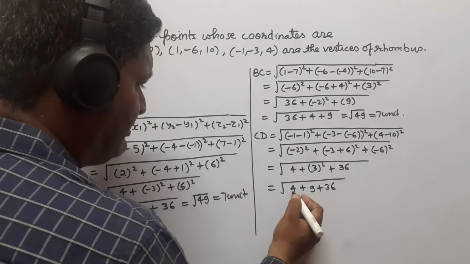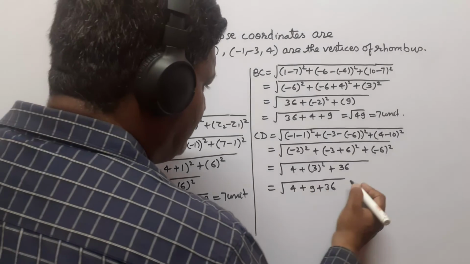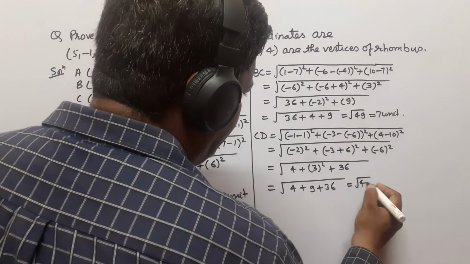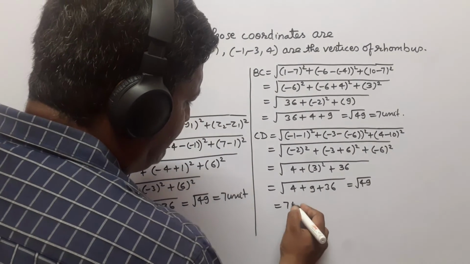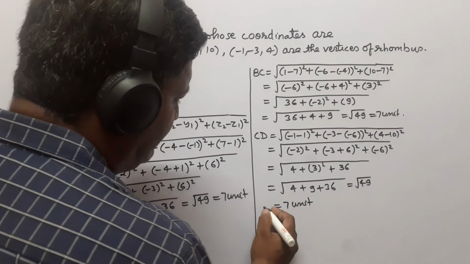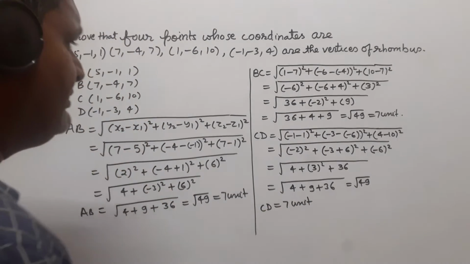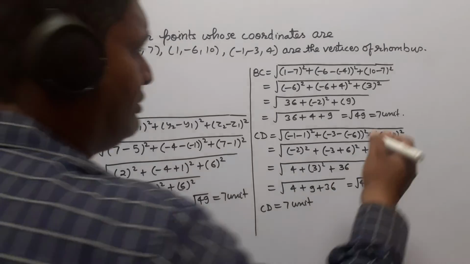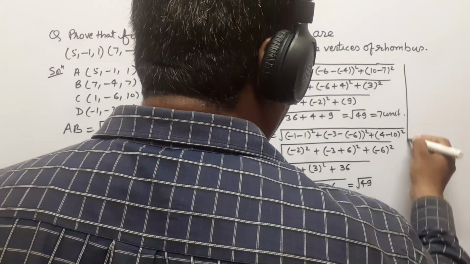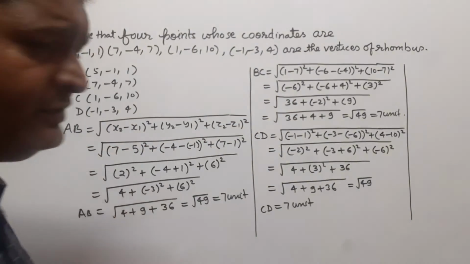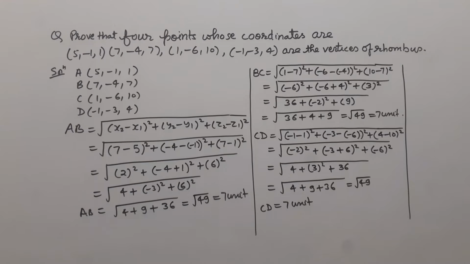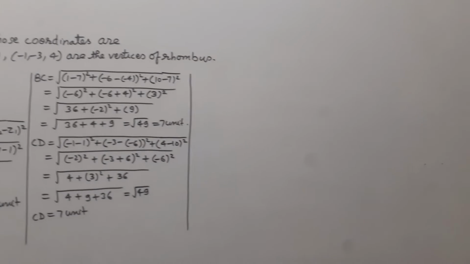So 36 plus 4 is 40, plus 9 is 49, and the square root of 49 is 7 units. So we can also see that the length of the side CD is also 7 units. Now we find DA, that is the distance between points D and A.